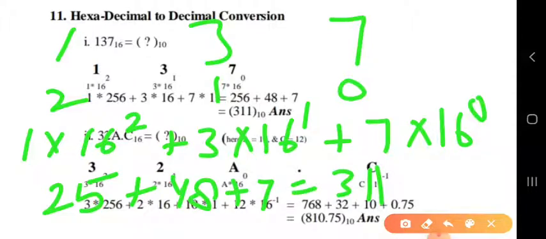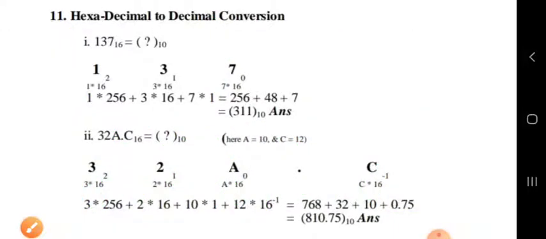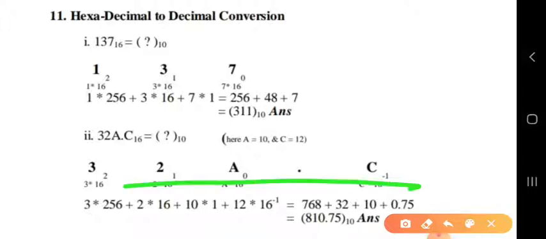This is the answer. And to solve any fractional number, the procedure is given here, the same procedure which we had done in the octal number system.